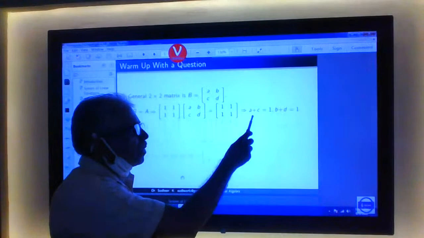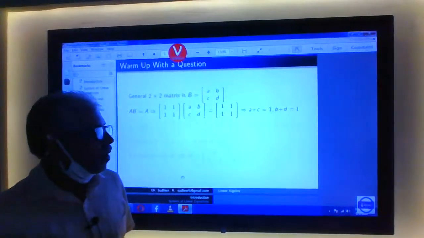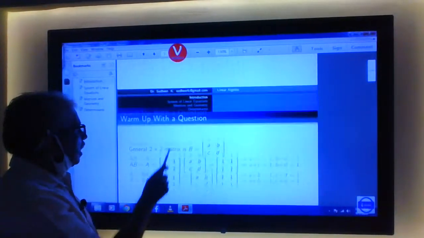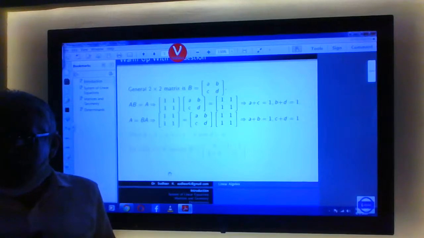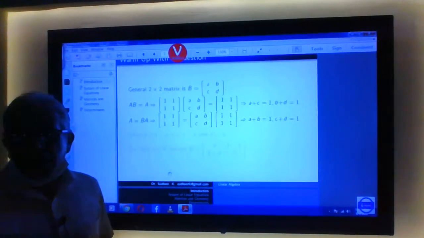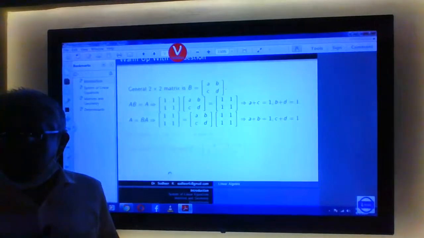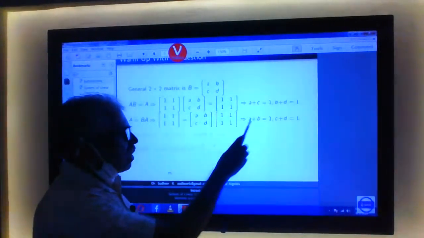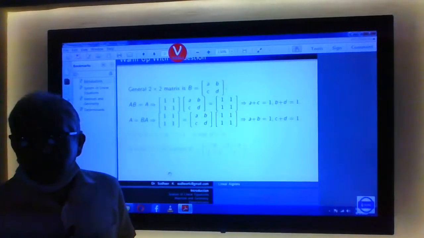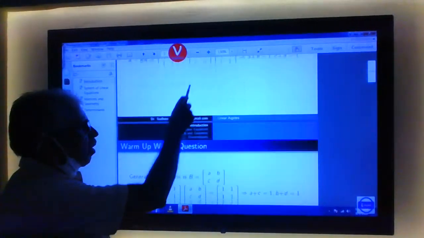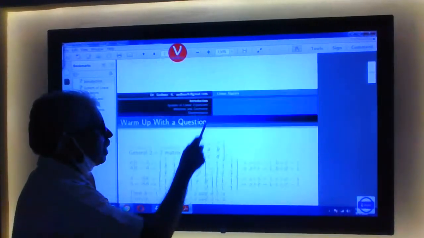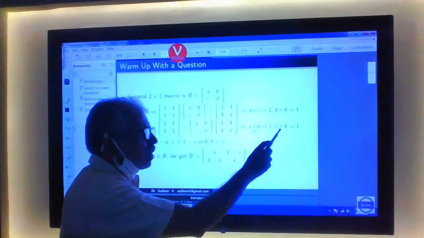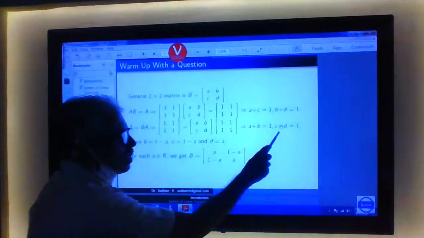That will lead to the equations a plus c equal to 1 and b plus d equal to 1. Similarly, if you write the equation A equal to BA, that means the matrix B you are multiplying on the left side of A, again you will get two similar equations. They are a plus b equal to 1 and c plus d equal to 1. So altogether you have these four equations: a plus c equal to 1, b plus d equal to 1, a plus b equal to 1, c plus d equal to 1.